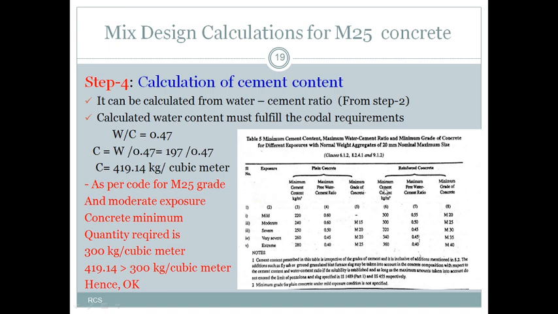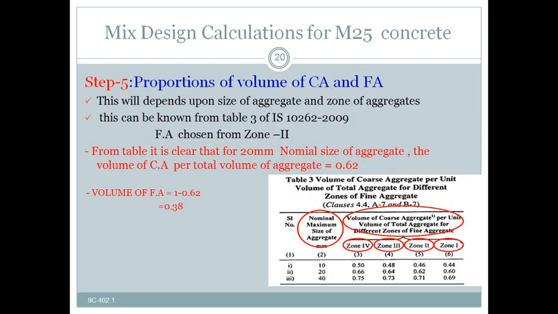For that, the minimum cement content required for 1 cubic meter of concrete is 300, but according to my data I got the cement content as 419.14 kg per cubic meter. So the obtained value is much greater than the minimum required value, hence my approach is okay, I have calculated correctly.